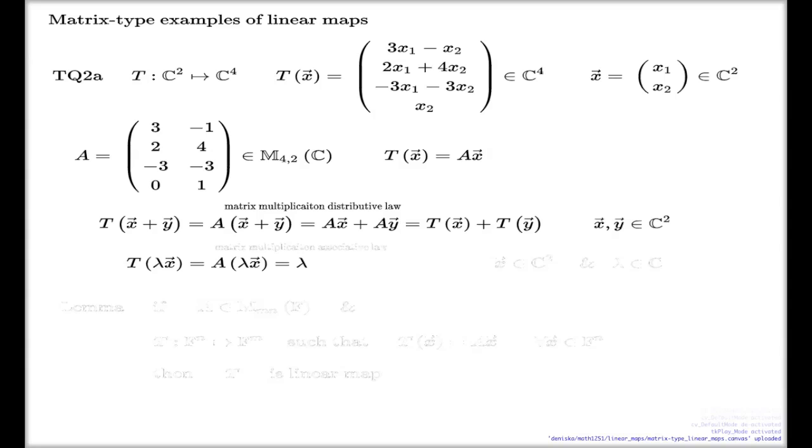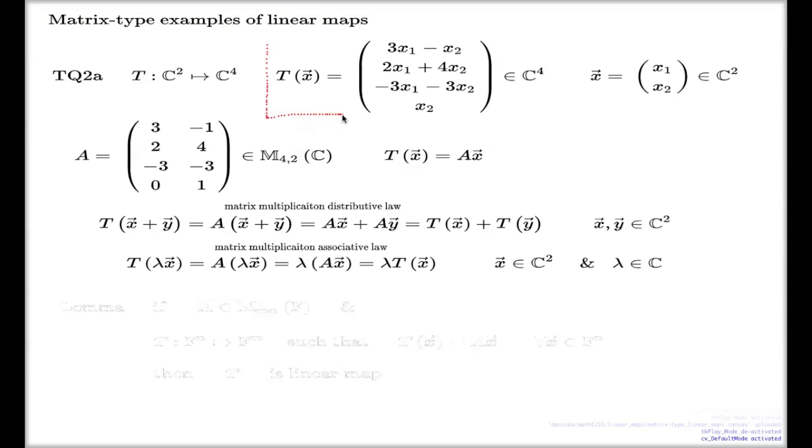This time I will use the matrix multiplication associative law, meaning that my scalar lambda can be taken out and put like this, something you established when you studied matrix multiplication. And here's my scaling of T. And that is true like this. So here, the knowledge we used from the past is the matrix multiplication associative law. And this is it. That's why this map is a linear map.